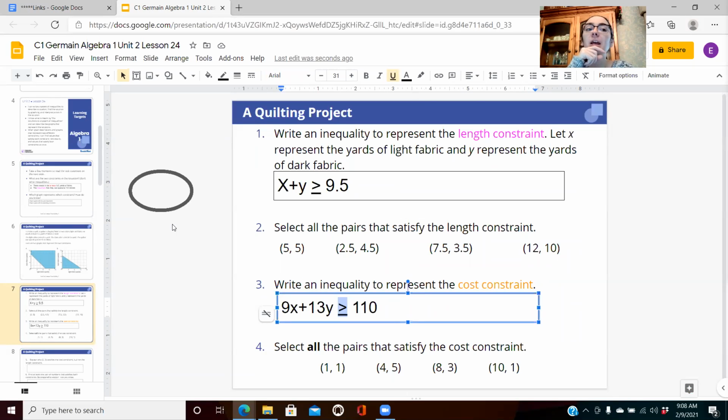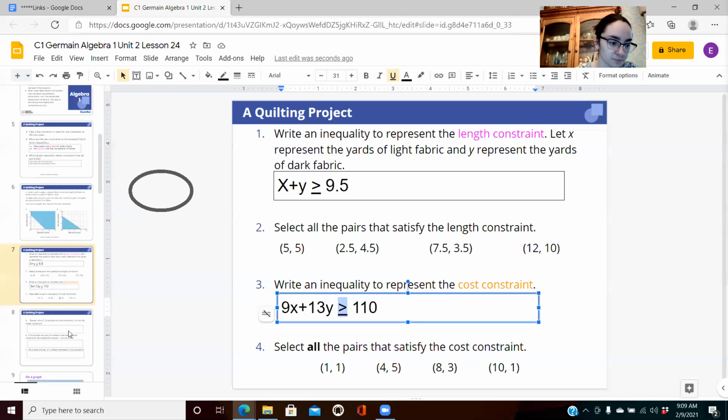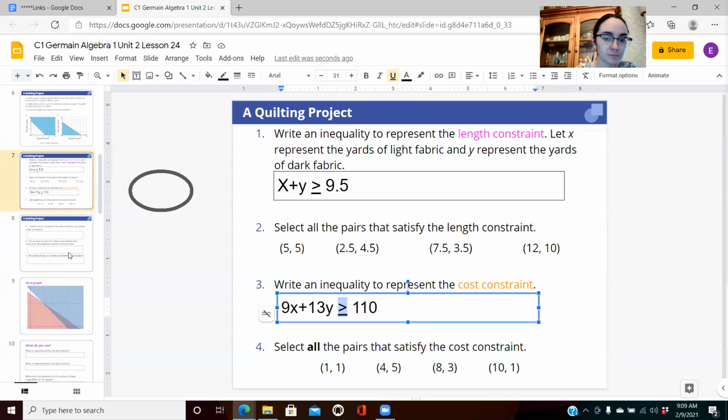And this is where your notebook is going to come in handy. Nice job, Gabe. Nice job, Peyton.